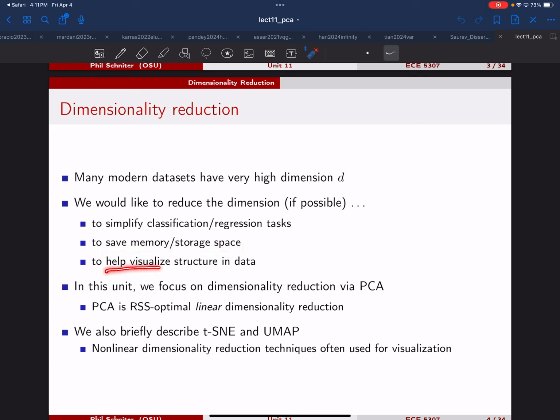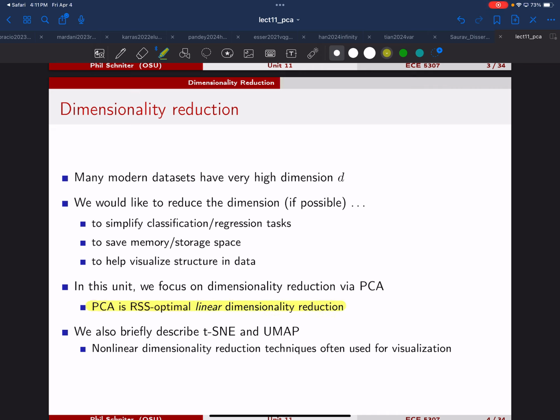And if we can reduce the feature dimension down to 2 or 3, then we can actually visualize the structure in the data. And so the most famous approach to dimensionality reduction, the most basic, is known as PCA. And PCA is basically the RSS optimal linear dimensionality reduction.